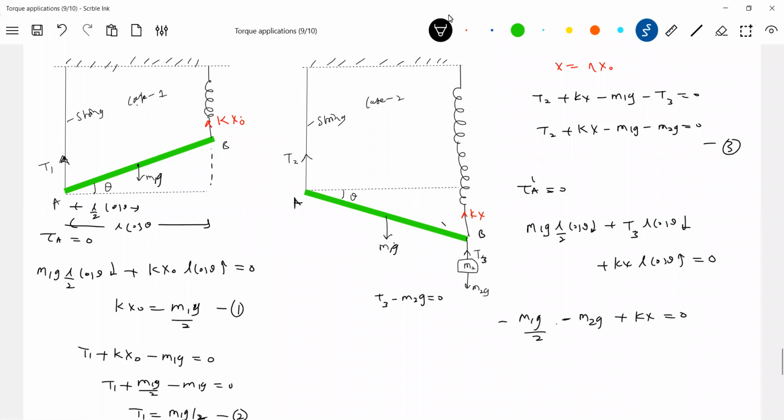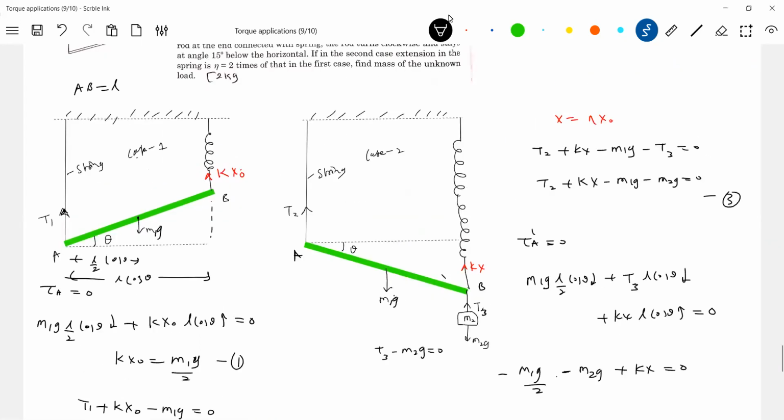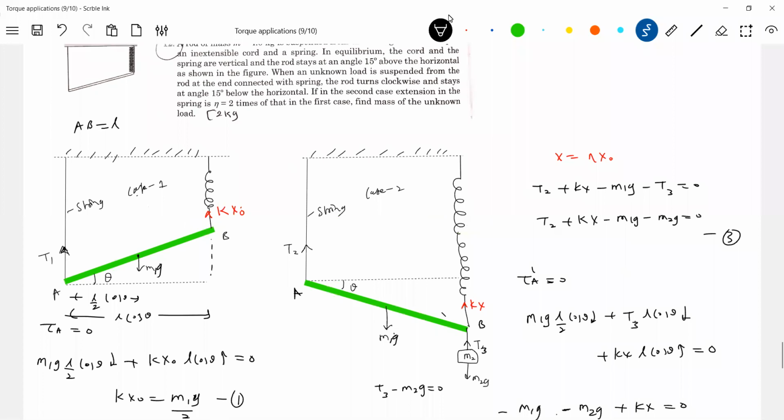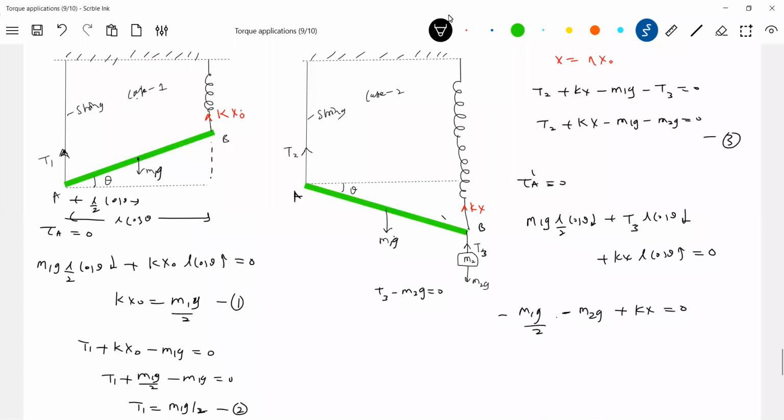Now what is the question being asked? Find the mass of the unknown load. That m2g is unknown, no? So what shall I do now? How to get m2g from this equation? kx is equal to, in terms of x naught it will come.